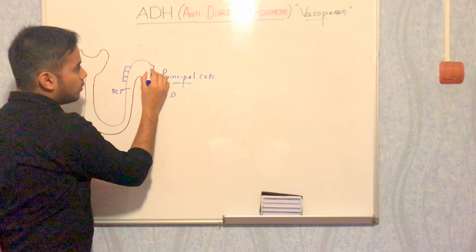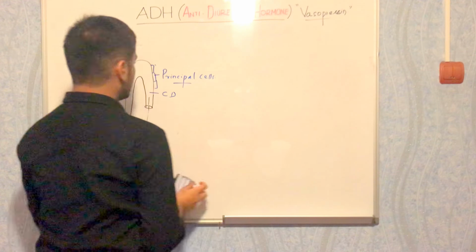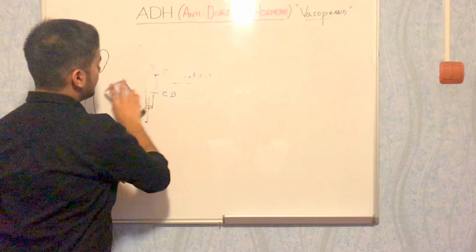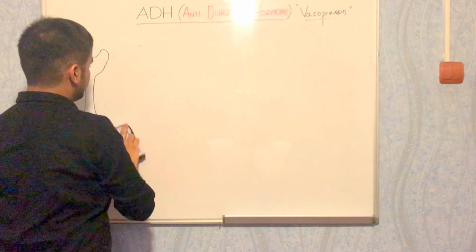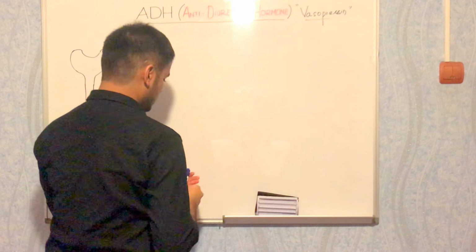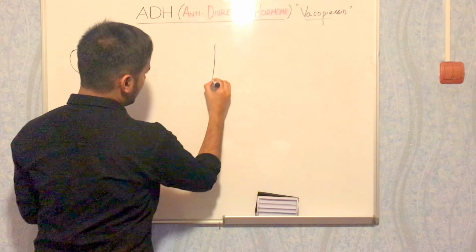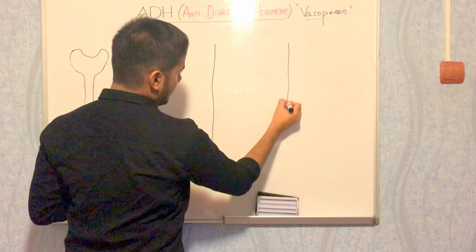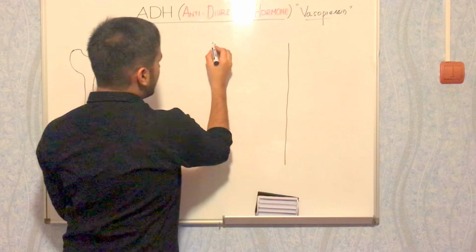Now if I take out one principal cell and represent it here, we shall discuss how this ADH works on this principal cell. This is your collecting duct, right? This is your duct, and lining your collecting duct there are principal cells.